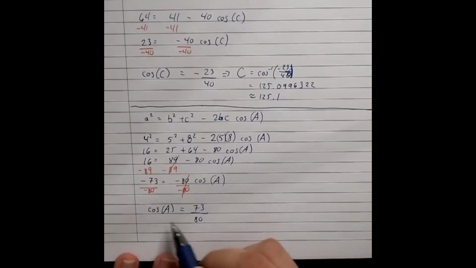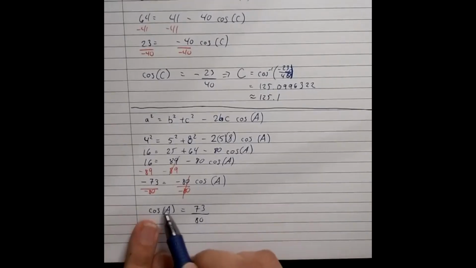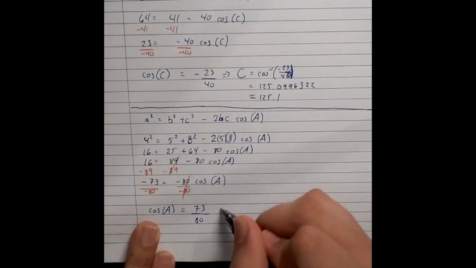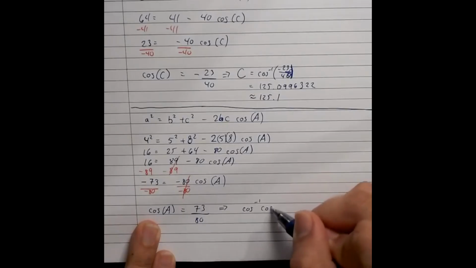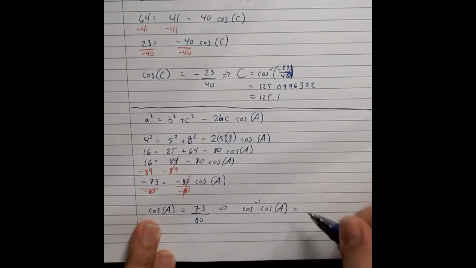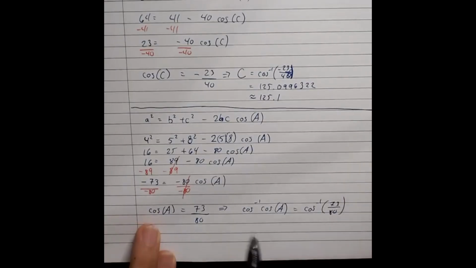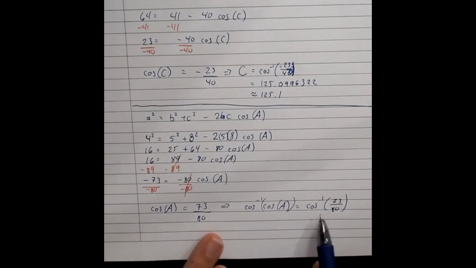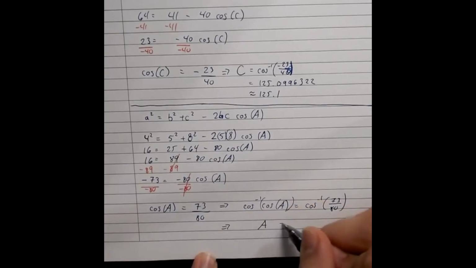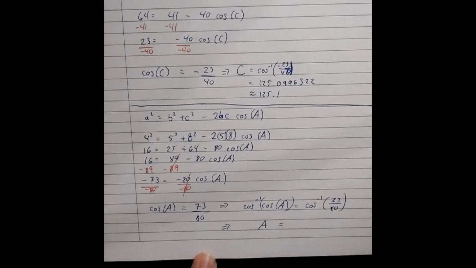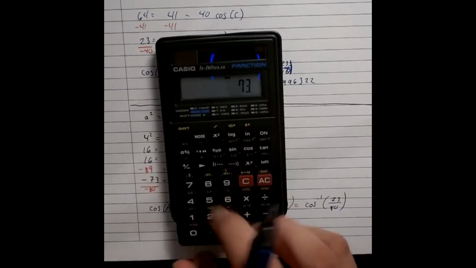And so if the cosine of A is equal to that number, I want the A by itself, so let me take the inverse cosine of the cosine of A. And that's going to equal the inverse cosine of 73 over 80. So I'm going to take the inverse cosine of the left side, take the inverse cosine of the right side. Here, that's just going to give me the angle A. All right. And now here, the inverse cosine of 73 over 80.